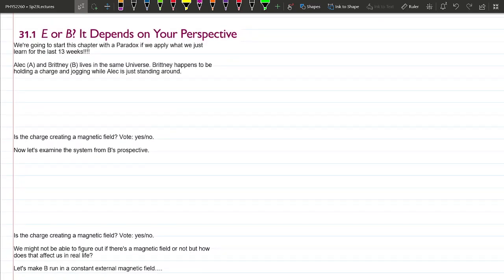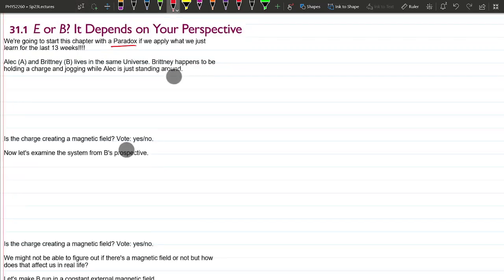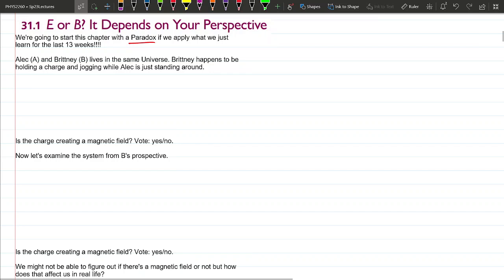So far we've been talking about the electric field and the B field separately from each other, and we're going to see how we get into a paradoxical situation. We have two people, Alec and Brittany; we picked those names because one starts with an A, the other with a B. They happen to live in the same universe.